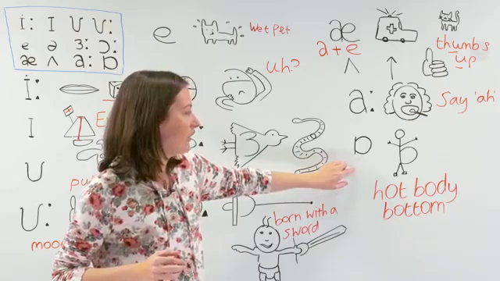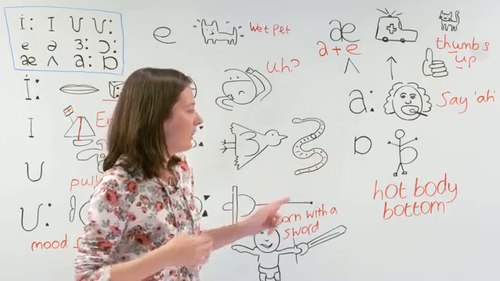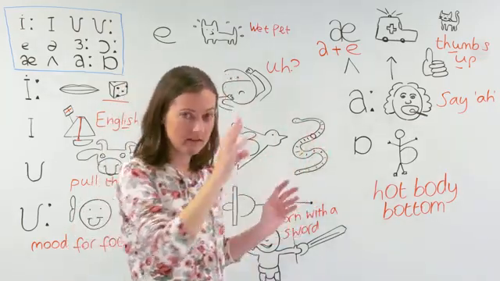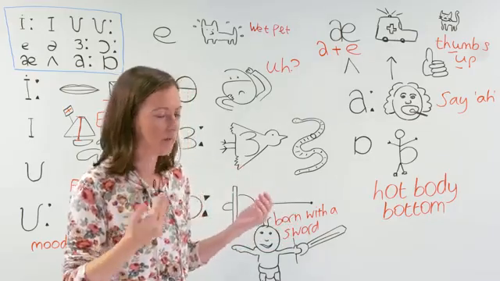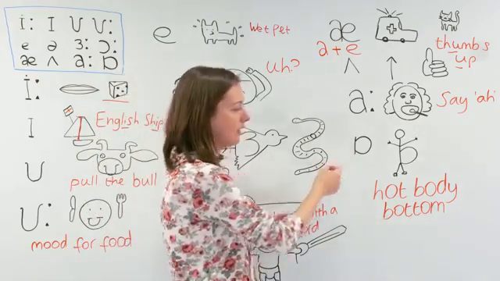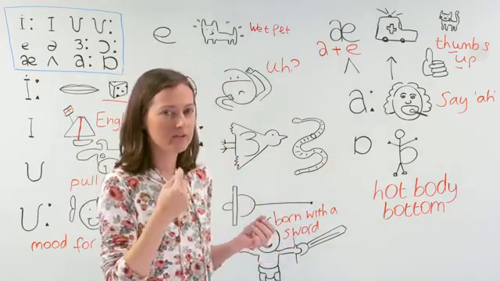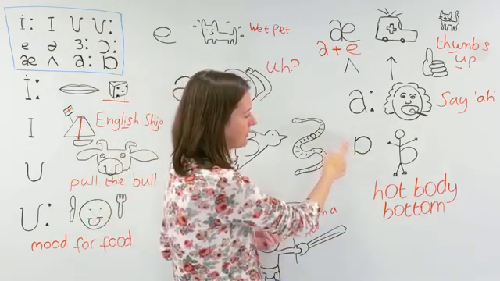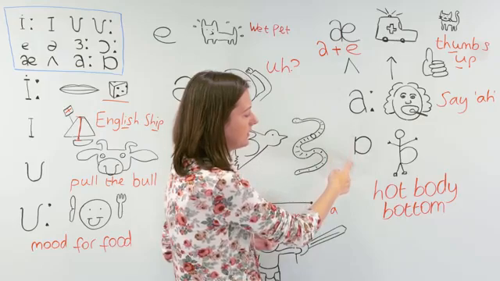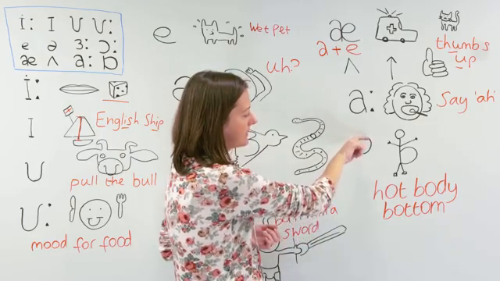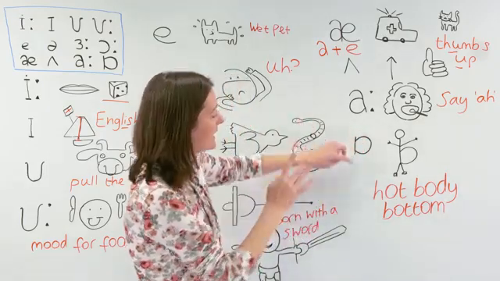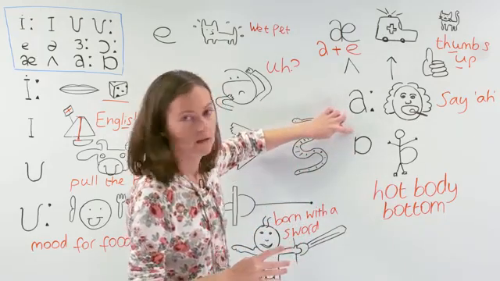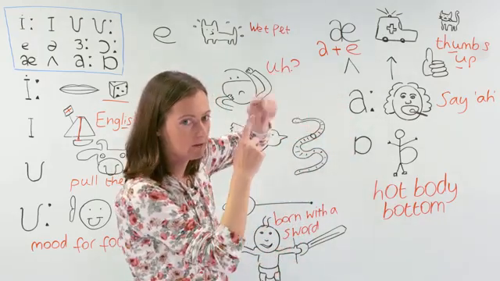And the last vowel to learn, I find this sound is very easy for me to remember, but I find the symbol difficult to remember when I'm drawing it. So it's a straight line, and it's like a letter B, but without the tail at the top.